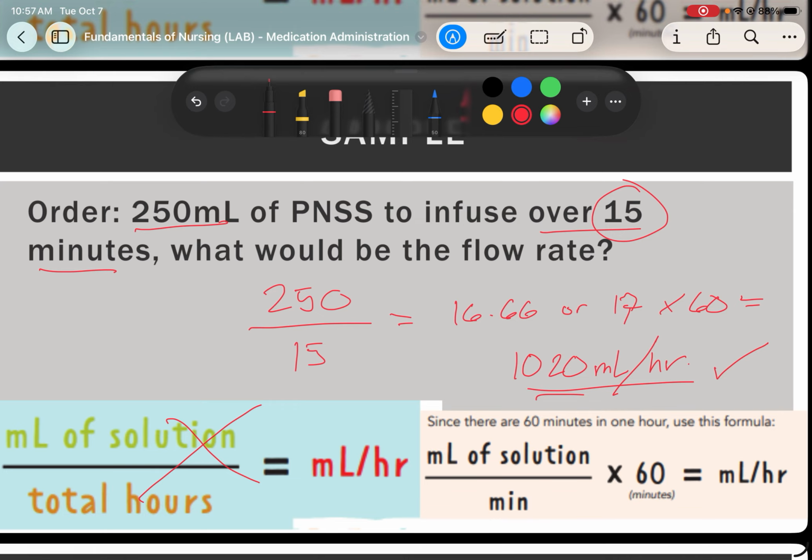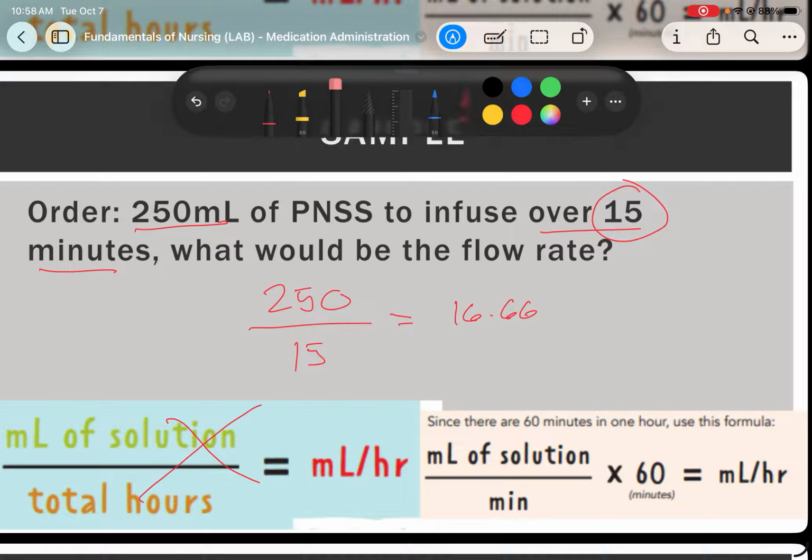Is that the correct answer? Really, it's not yet. The reason why I am telling you that it's not the correct answer yet is because, as I mentioned before in our rules of administration, you do not round off until you reach the final answer. So, do not round off to 17.